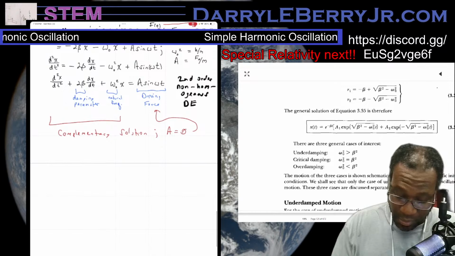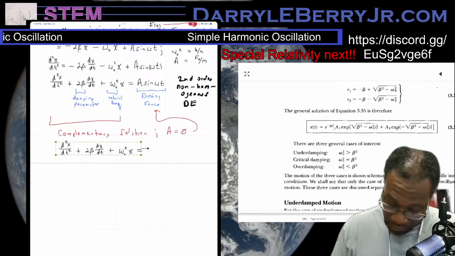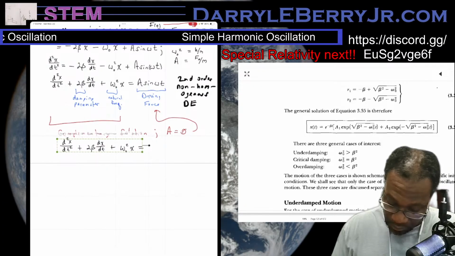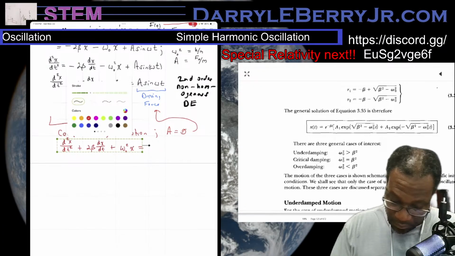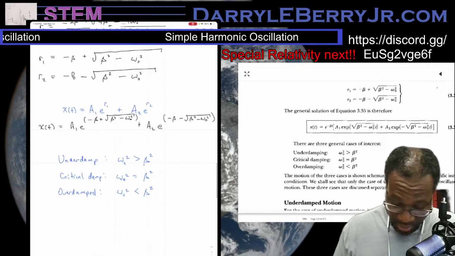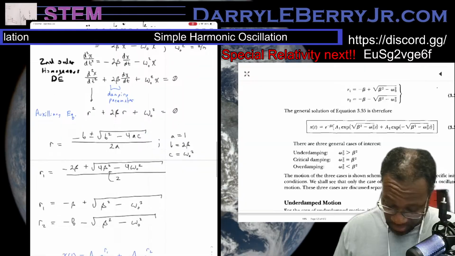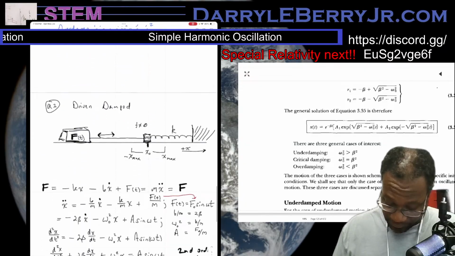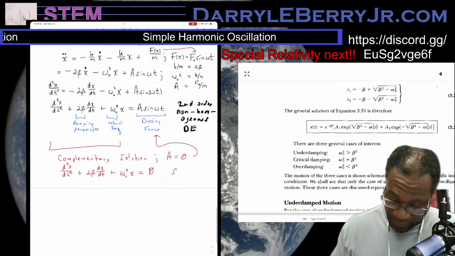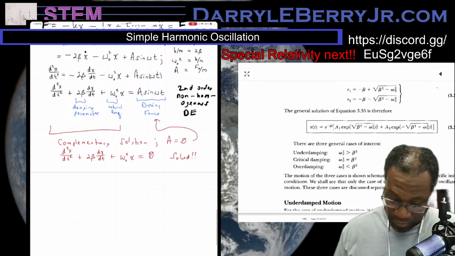So if A equals zero, what we end up with is this. We already solved that earlier where A equals zero. We just get that. So we're writing another solution to that. We solved this. That's just the damped system.